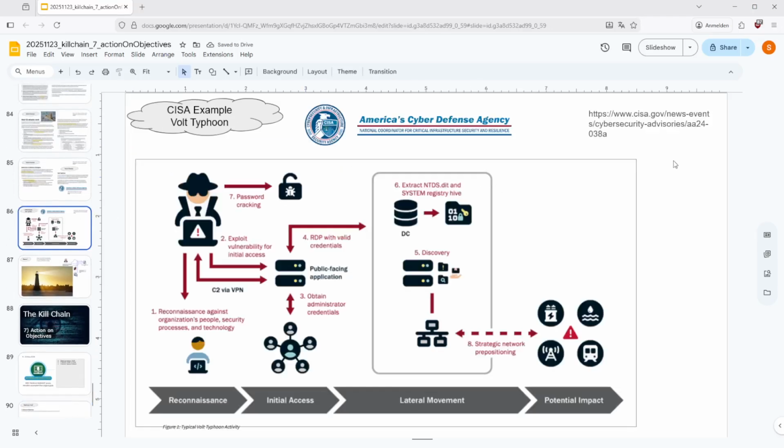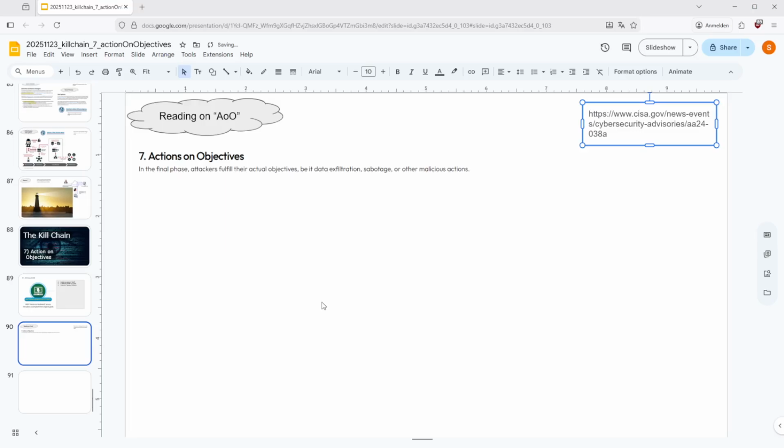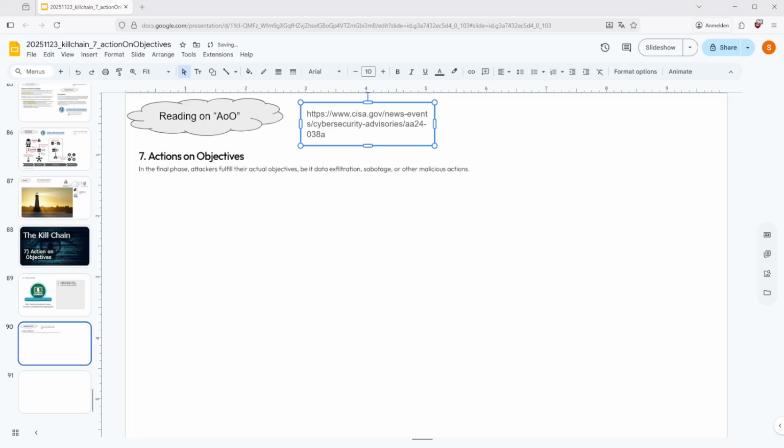I don't expect a lot of content here, because this step is the least technical, and we are going to read the basic explanations that other people have come up with, and then I will see. So this is SecTP, and on step 7, as far as I can tell from this URL here, they write, in the final phase, attackers fulfill the actual objectives, be it data exploitation, sabotage, or other malicious actions.